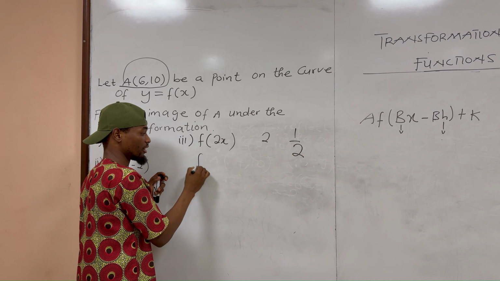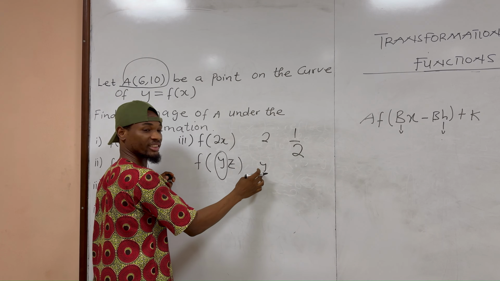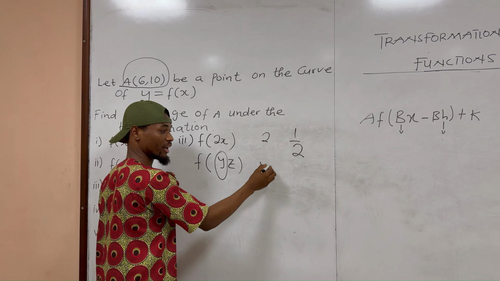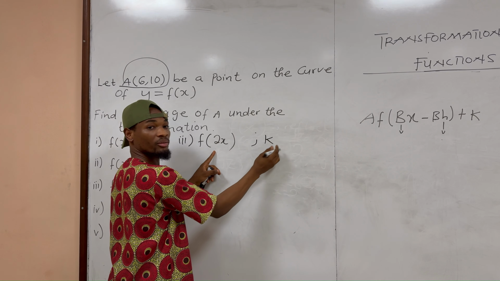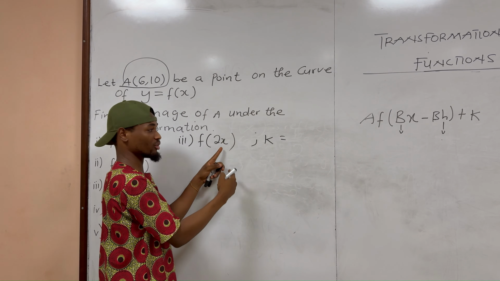Okay, so I'll focus on this. So since I have y, the scale factor becomes the reciprocal of this. The inverse of y becomes 1 over y. So for horizontal stretch and what have you, this is what we are going to do over here. So here, the scale factor, which is my k, is equal to the reciprocal of the 2, which is 1 over 2. Do you get that way?